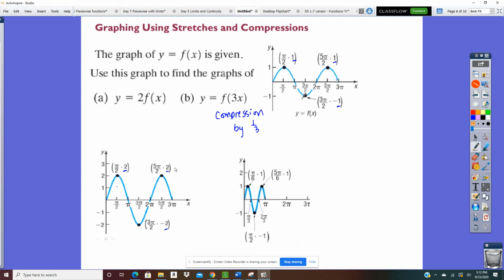So when you look at this first point, it's 1/2. When you divide that by 3, you get 1/6. Notice my y value here is the same. So I'm looking at this x value, and I'm cutting that by 1/3, and you get 1/6. Same thing here, 5 pi over 2 becomes 5 pi over 6.